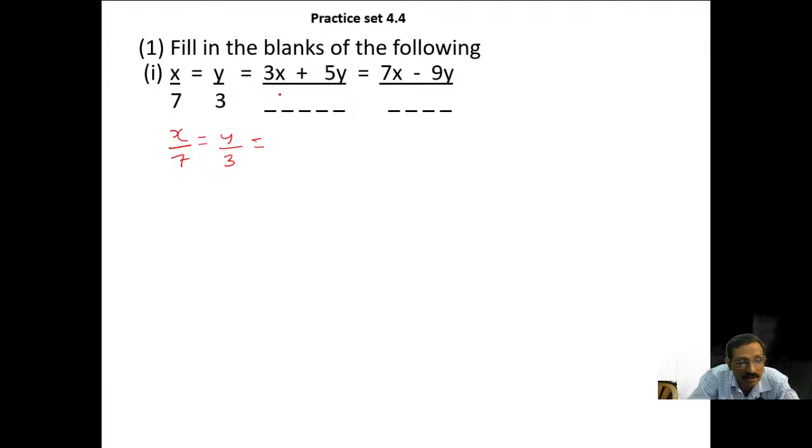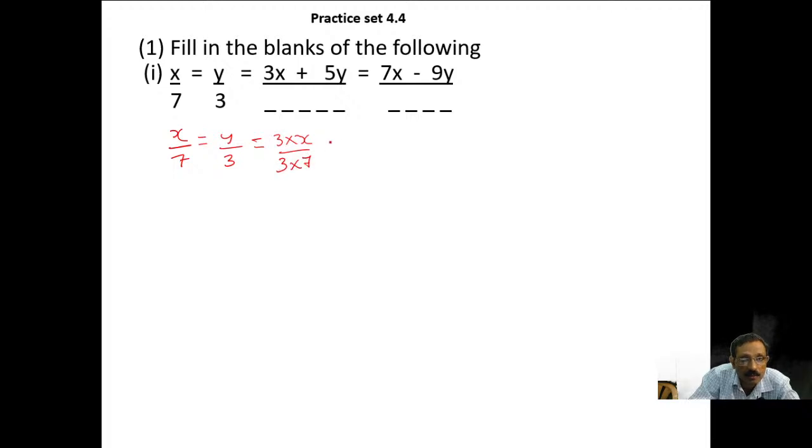Now here I have got 3x. To get 3x, x is multiplied by 3, so I multiply this by 3.